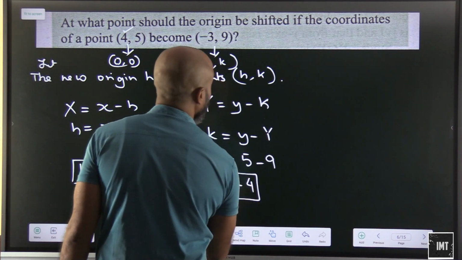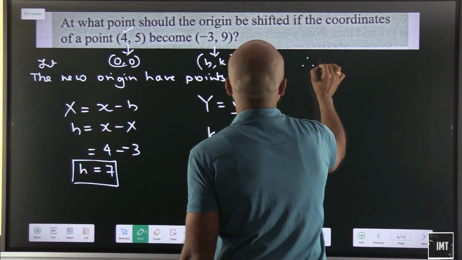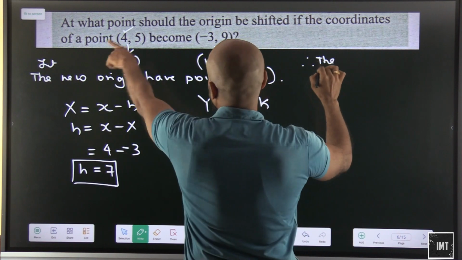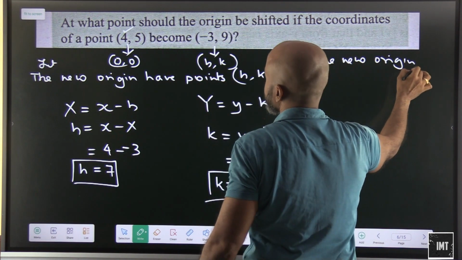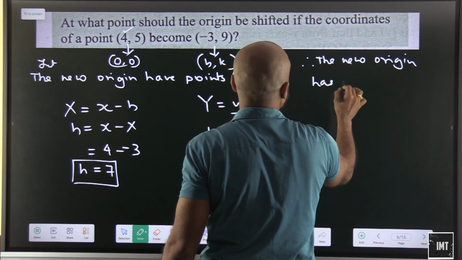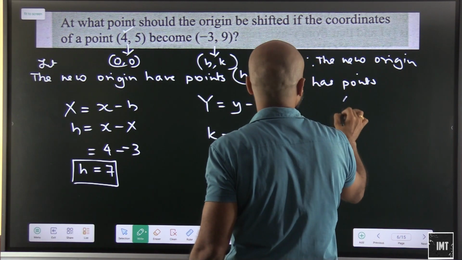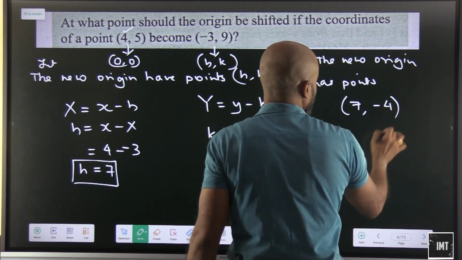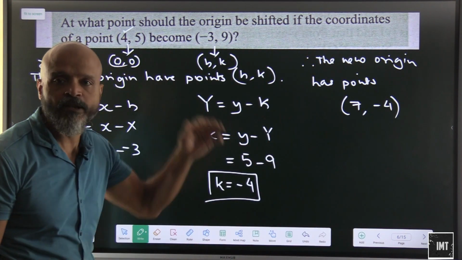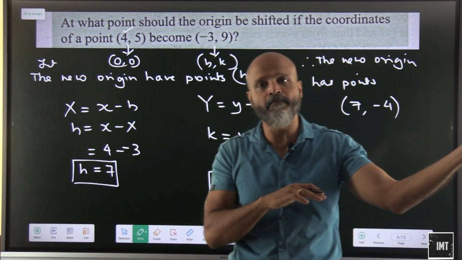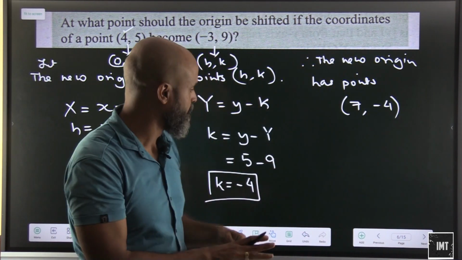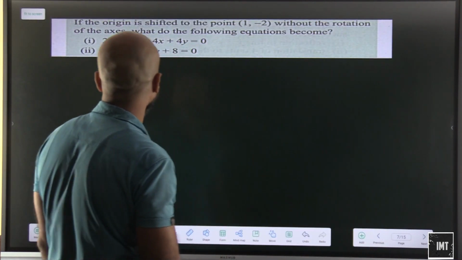So we can say that the new origin has points 7, minus 4. Most importantly, we have to remember that this new origin will have its axis in such a way that it is parallel to the axis of the original origin. Okay, so let's move on to the next one.